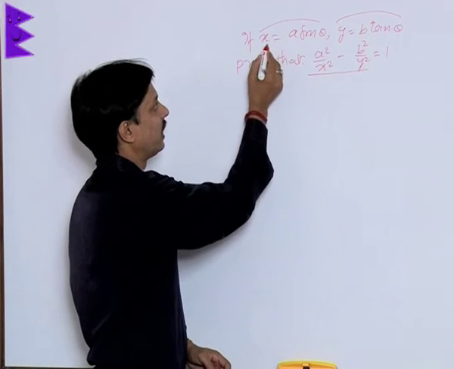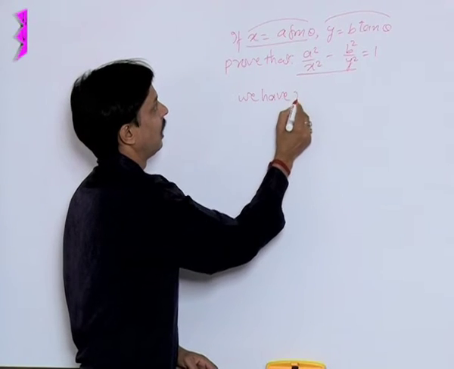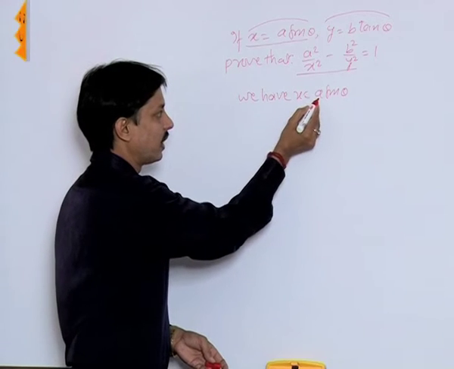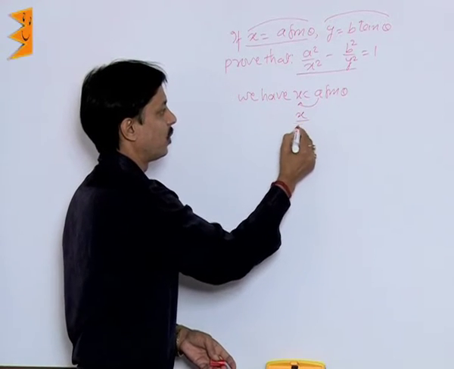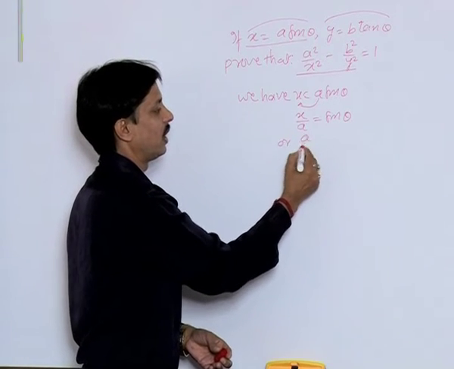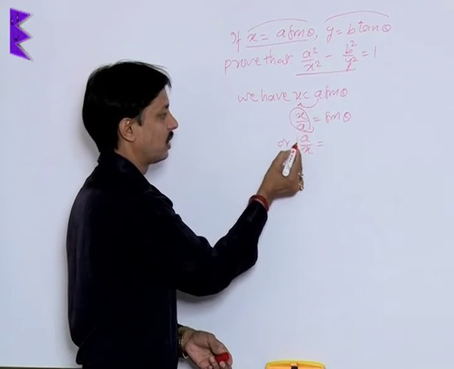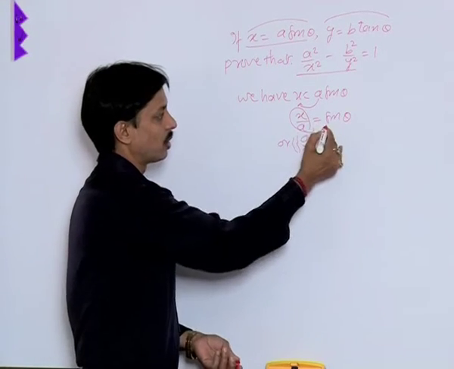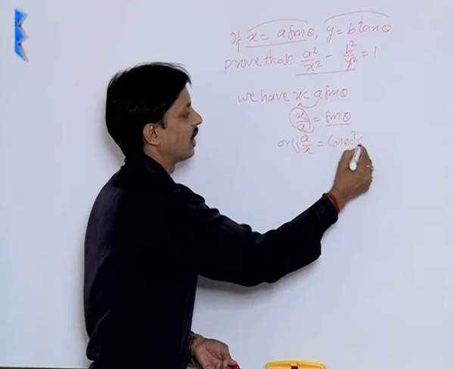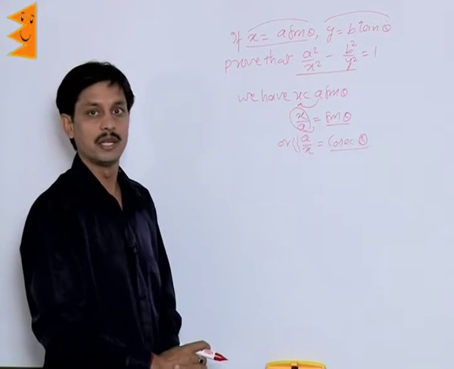So first of all, I take this part. We have x is equal to a sin theta, or we can say that x upon a is equal to sin theta, or we can say a upon x, that is the reciprocal of x upon a, is equal to the reciprocal of sine, the cosec theta. So we are getting the answer of a upon x as cosec theta.